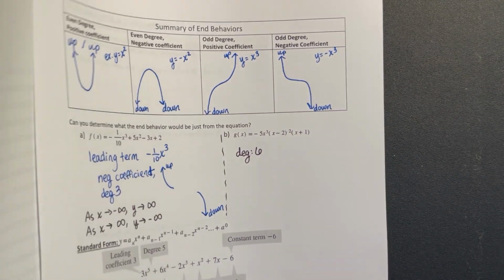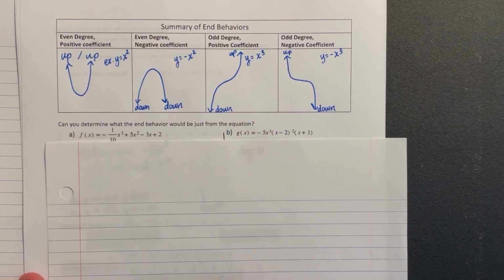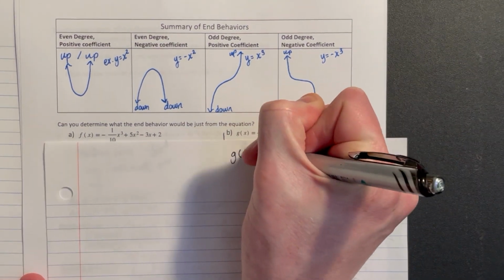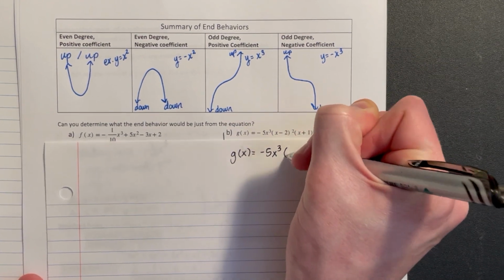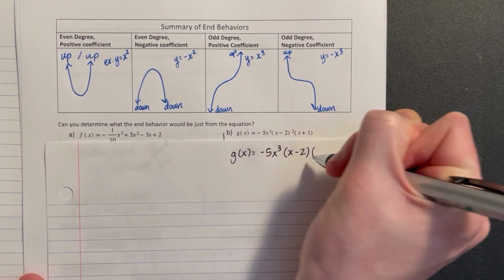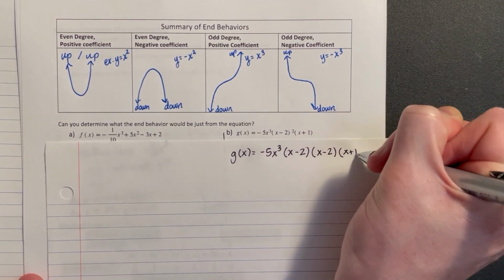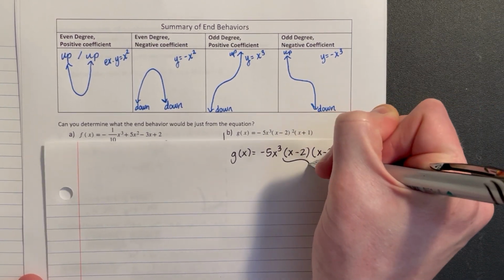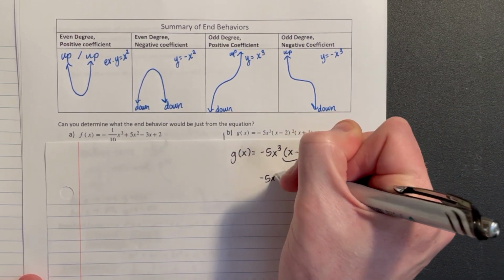But maybe you need a little bit more of that, so I'm going to actually multiply this out and show how I would convert that all the way to standard form. Now we know x minus 2 squared means there's x minus 2 times x minus 2. So let's even distribute that part. Maybe you already know what that squared looks like.